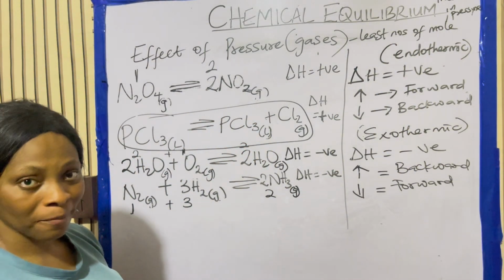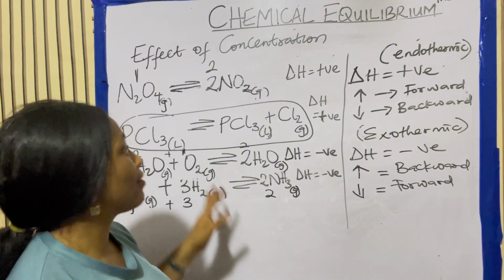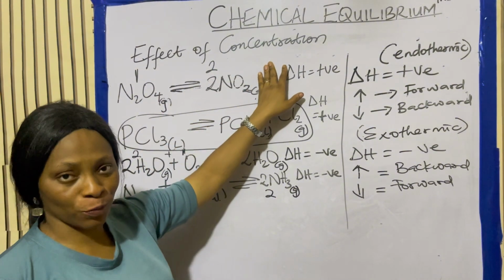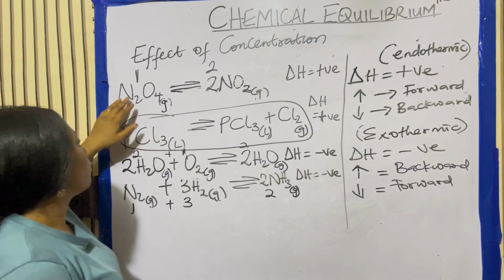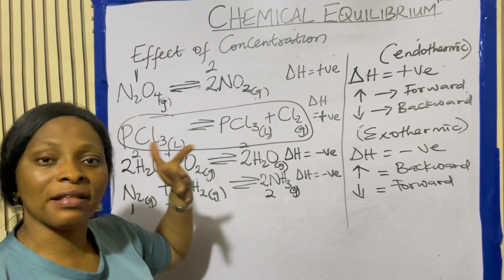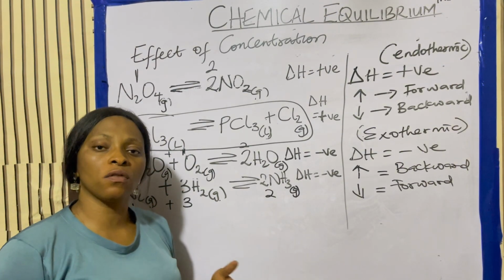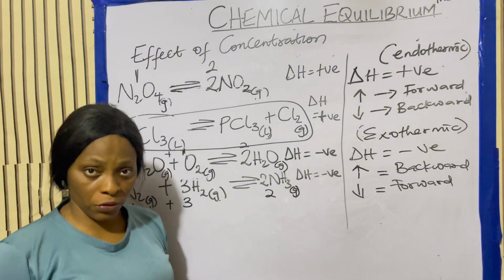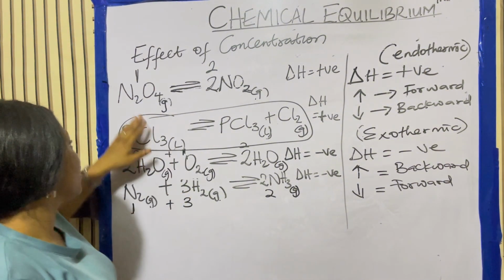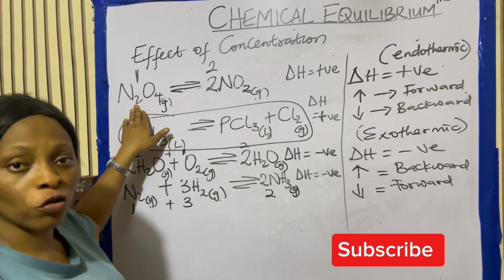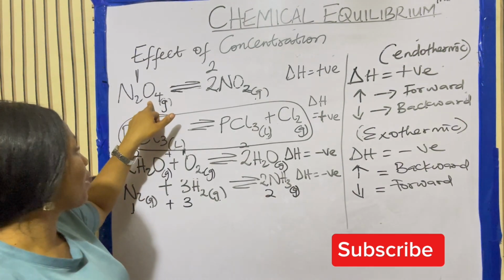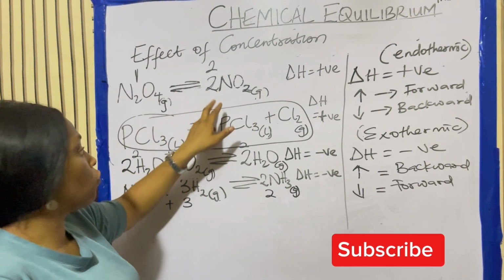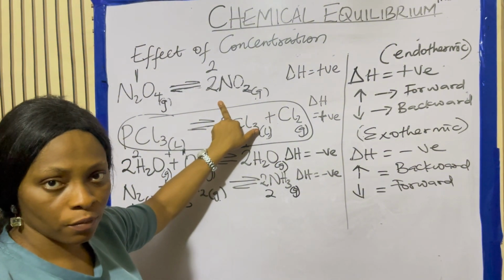Are we together? Okay, so let's look at the effect of concentration on a system. Now for concentration of a system, it depends on what you increased. Are we together? So let's say you increase the concentration of the reactants here. Increasing the concentration of these reactants will lead to the formation of more products.